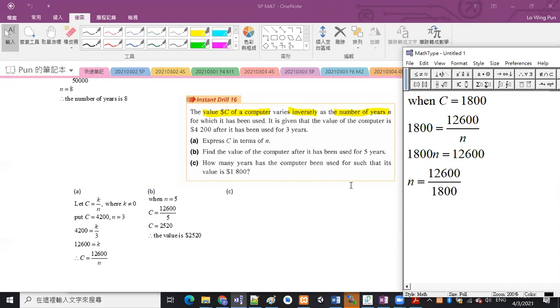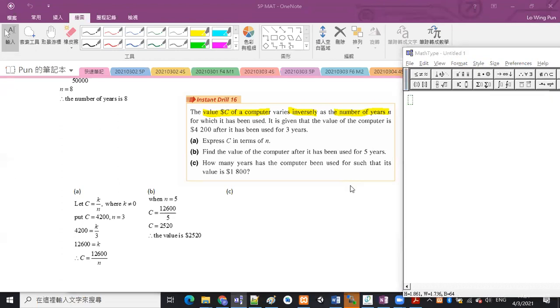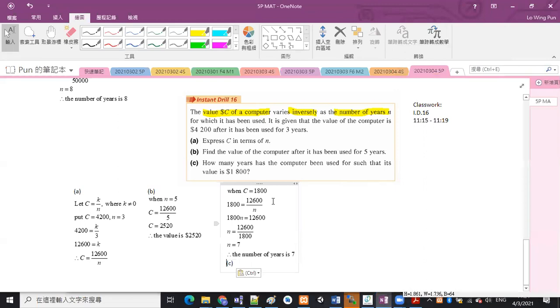N equals this. And then you just use the calculator to find that N is equal to 7. But the question did not ask you to find N. The question asked you to find how many years. Therefore, you need to write down the conclusion. The number of years is 7. Okay, and that is the answer of part C.